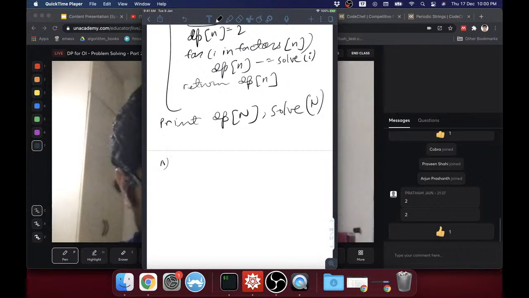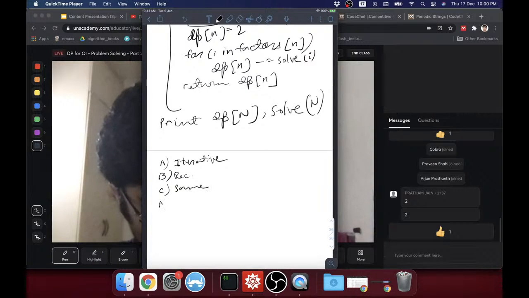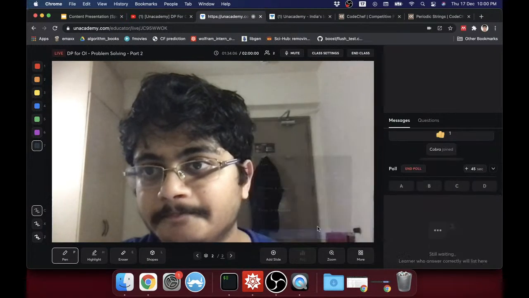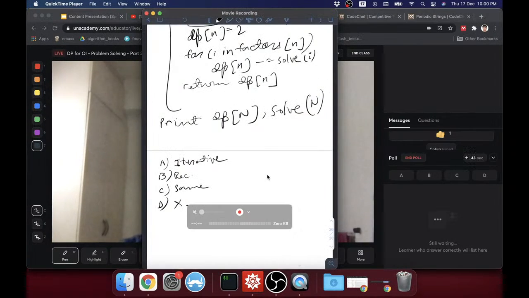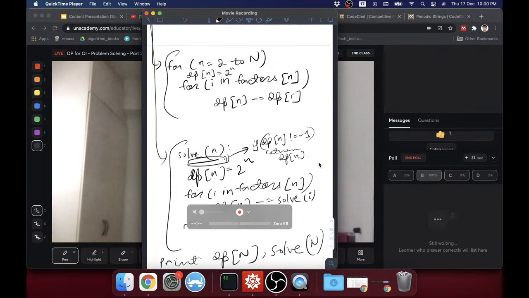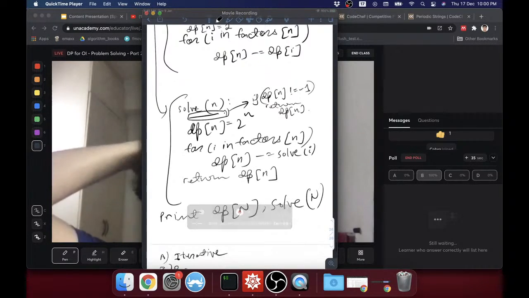So option A, iterative, is faster. Option B, recursive, is faster. Option C, same. Option D, okay, let's not have an option D. So which one is significantly faster? Option B. Yeah, interesting. Nice.